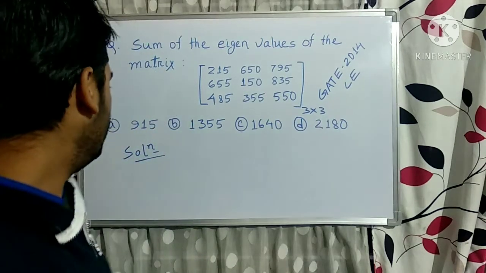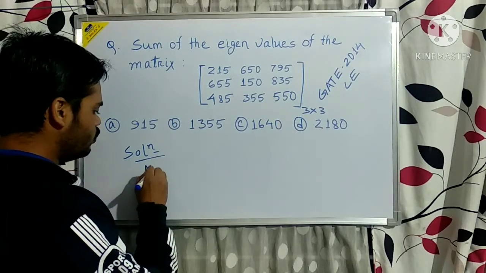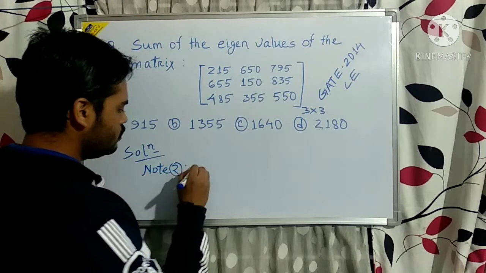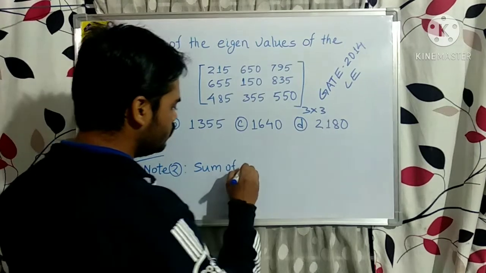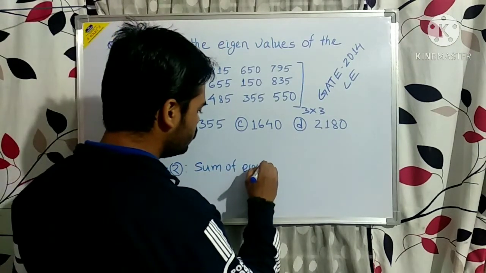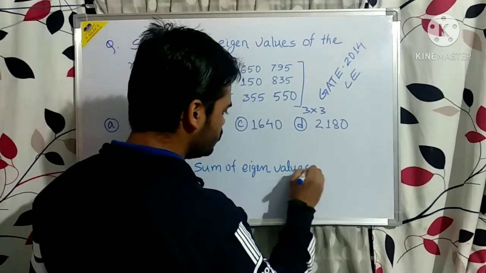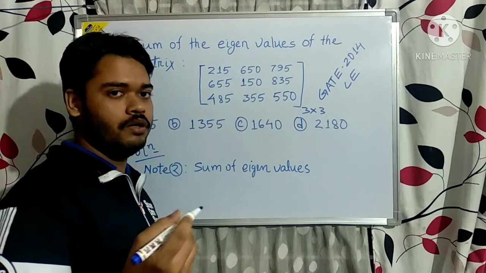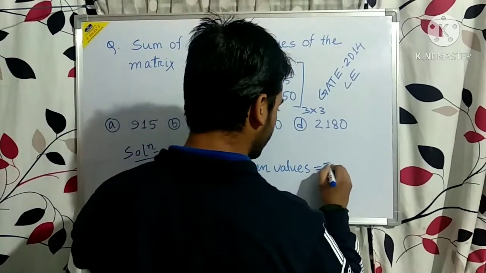So if you remember our previous lecture, note number 2: the sum of eigenvalues is equal to the trace of the matrix.